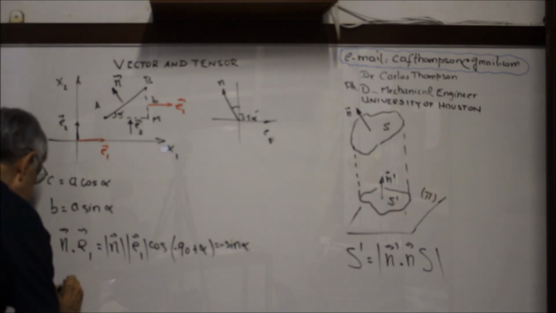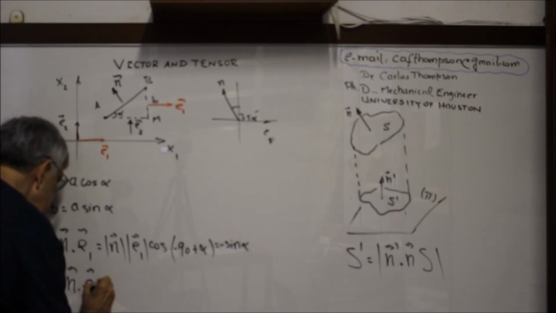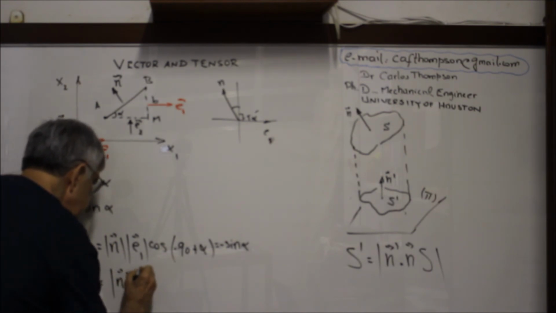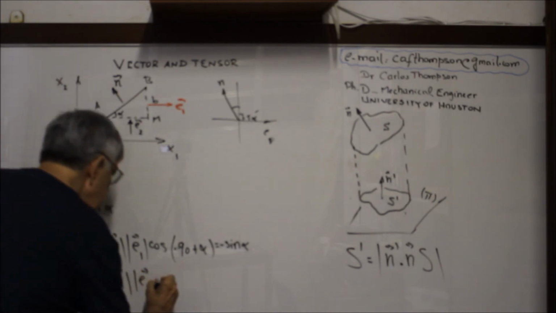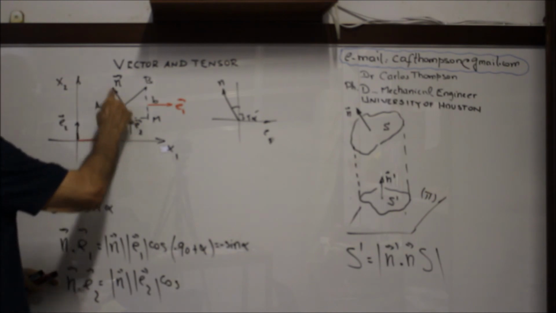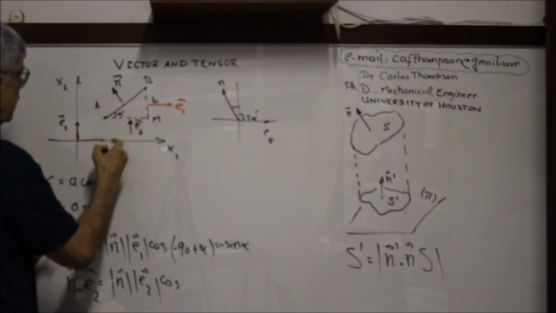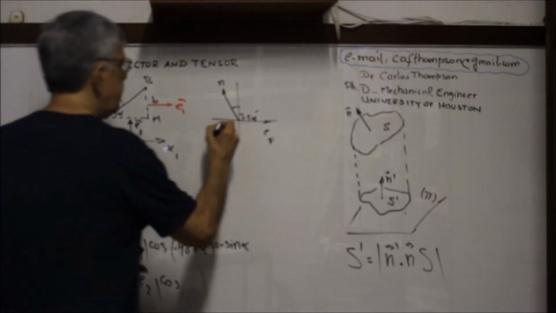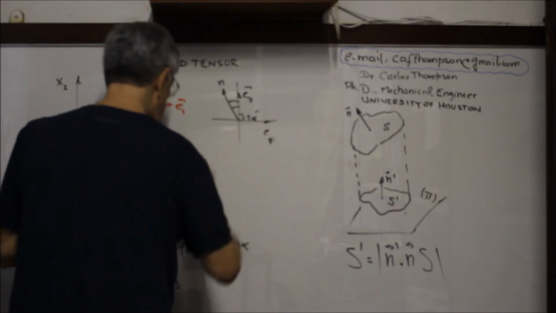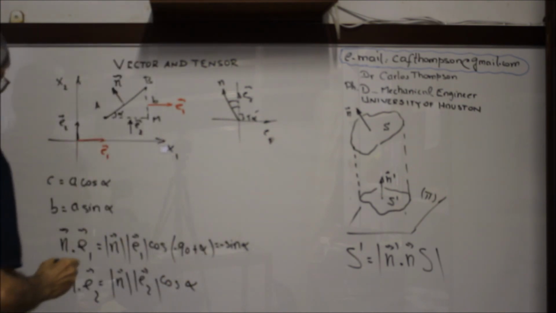Now, N dot E2 is equal to the magnitude of N times the magnitude of E2, which is 1, times the cosine of the angle between N and E2. You see, this is E2 right here. This is alpha. So this will be cosine of alpha.